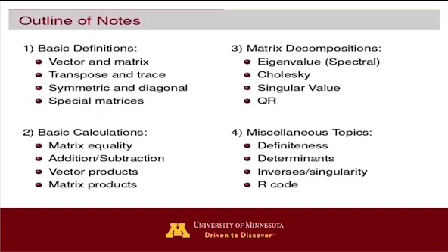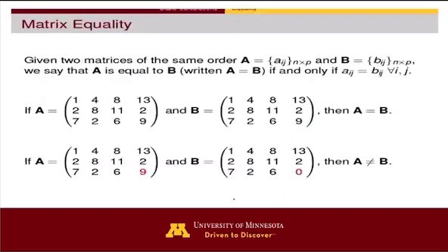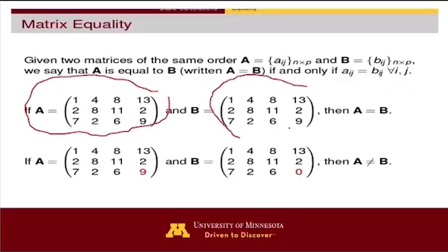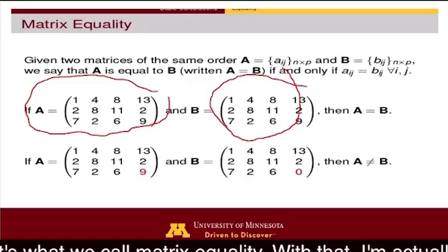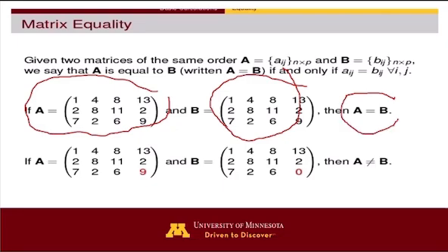Let's get started. I have a matrix A and I have a matrix B. If all elements in one matrix are exactly the same as the elements in the other matrix, then I'm going to say they are equal. That's what we call matrix equality. With that, I'm going to say matrix A equals B because all entries are equal.